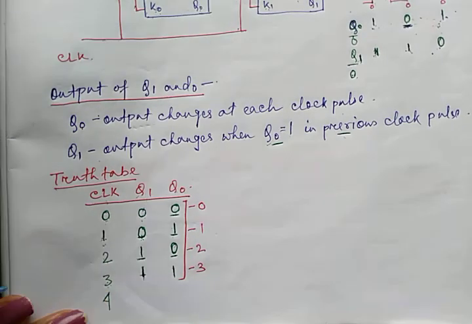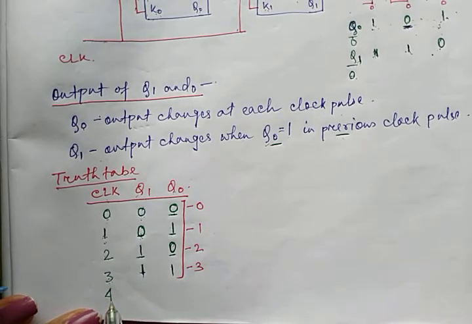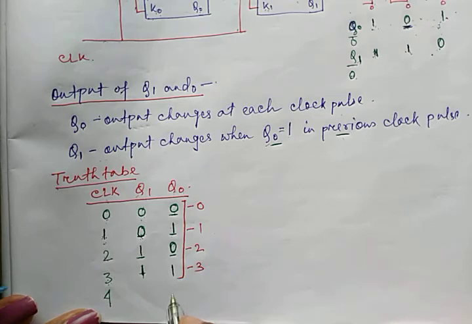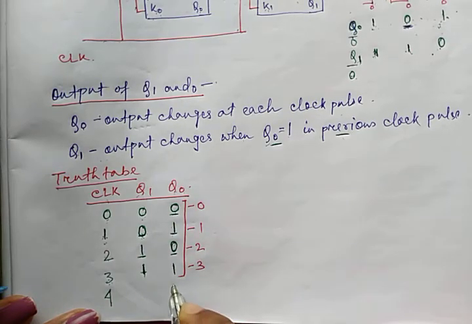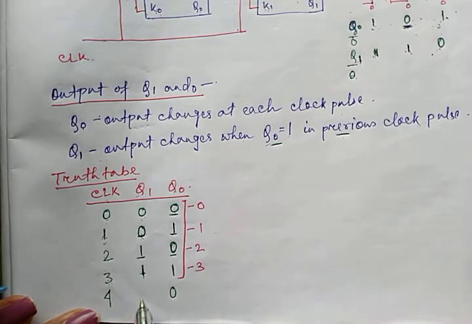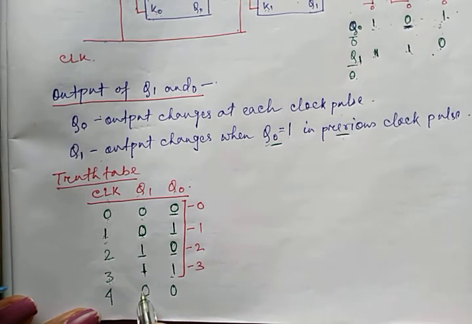But again, if we feed another clock pulse, then the first flip-flop will toggle. Q0 is 1, so it toggles to 0. And for Q1, we have to see the previous value of Q0 in its previous clock pulse, so it is 1, so again it will change into 0.